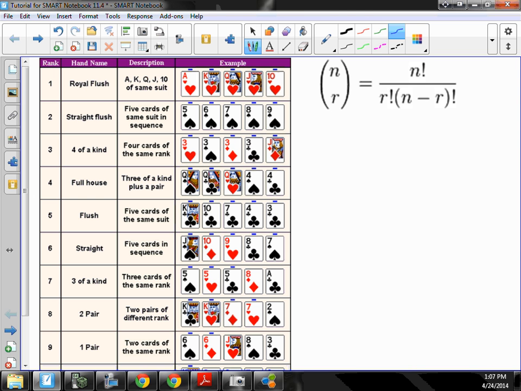What about the numbers? Am I limited on which numbers I'm allowed to pick? Yes. They have to be in order, which means I can start with a 10. 10, jack, queen, king, ace, that's a straight. I can't start with a jack or a queen or a king because you run out of numbers.